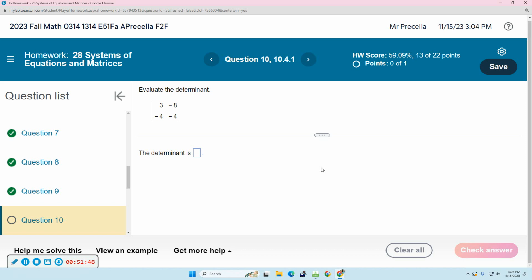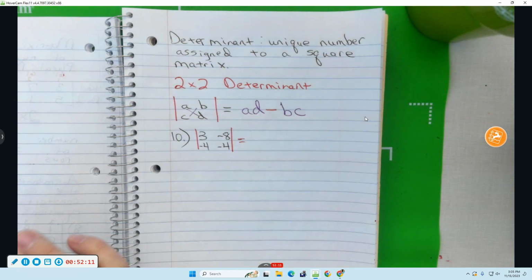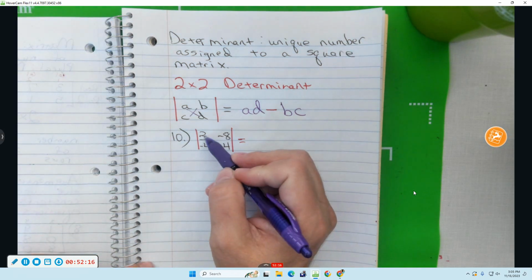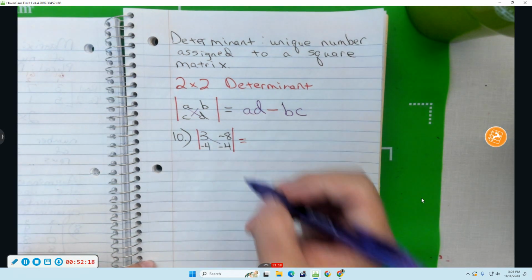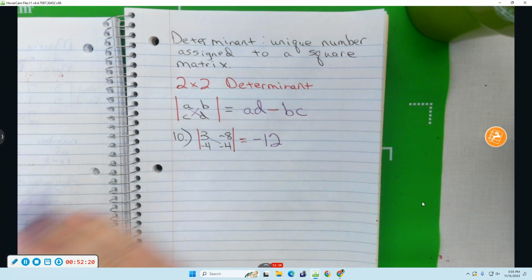Write down number 10. We want to find the determinant. Determinants give us a very nice method for solving systems of equations. That's why we're looking at them right now. You start at the 3. 3 times negative 4 is negative 12.